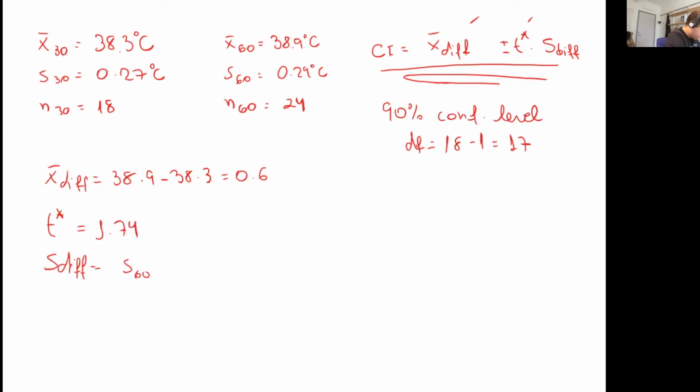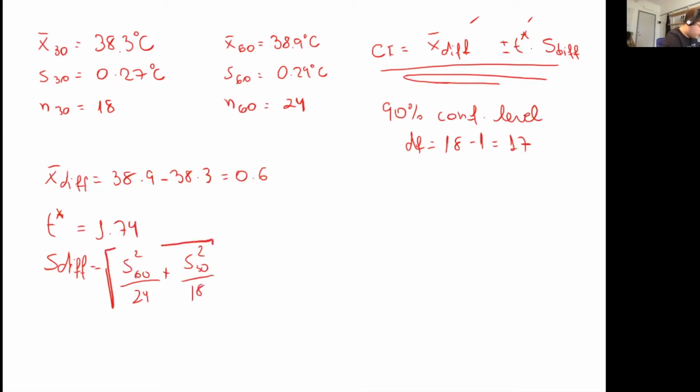I got the standard deviation of those people who exercise for 60 minutes, squared, divided by the sample size of 60 minutes, which is 24, plus the standard deviation of the people who exercise for 30 minutes squared, divided by 18, which is the sample size for 30.